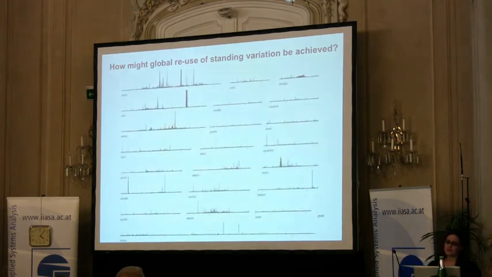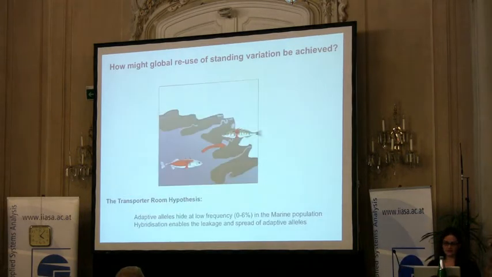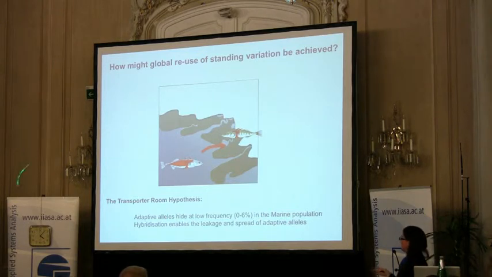So how would we actually evolve this kind of pattern of parallel reuse of standing genetic variation across the entire world? The hypothesis that most of us work with in stickleback is known as the transporter room hypothesis. Marine fish colonize freshwater habitats, and there's constant gene flow between the forms. We think this gene flow is responsible for the leakage of adaptive alleles out of a freshwater habitat, and they're present at low frequency in the marine fish, which are then able to spread them into the next-door neighboring habitats.